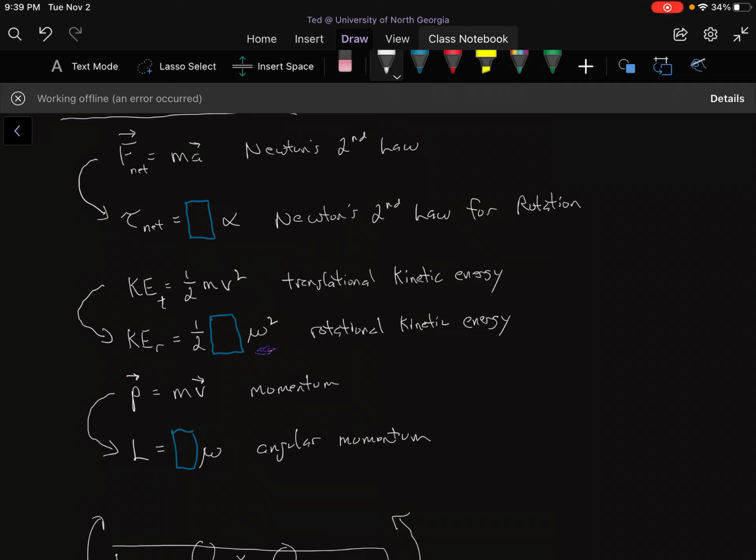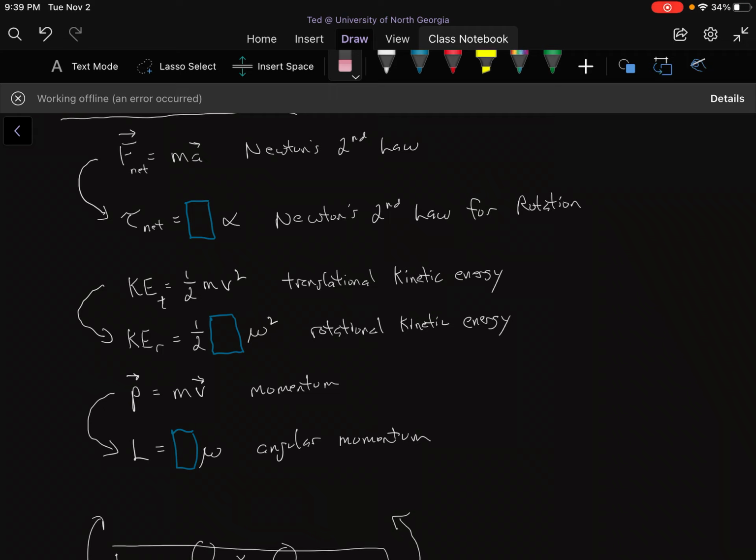I hope you can see the similarities in these equations. For kinetic energy, it's 1/2 times the mass times how fast it's moving squared. And for rotational kinetic energy, it's going to be 1/2 times something that's like mass times omega squared.